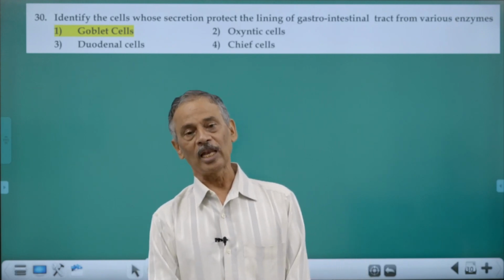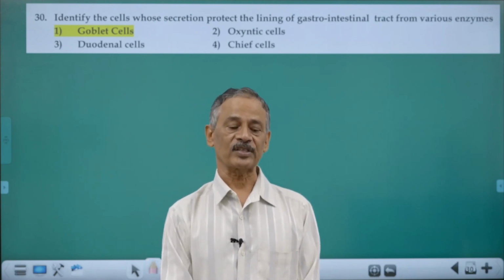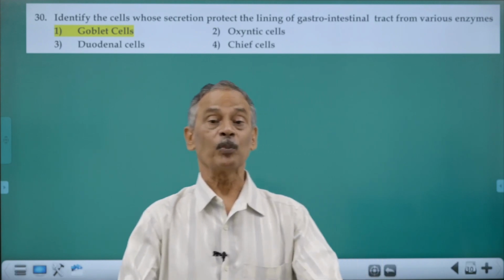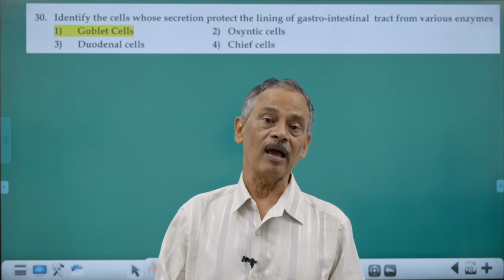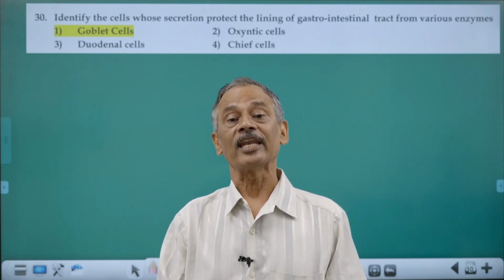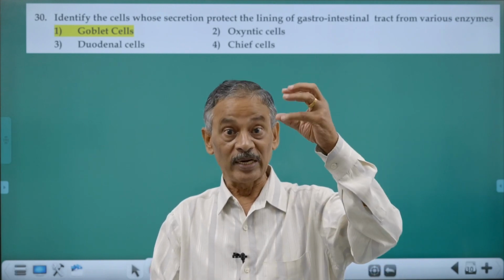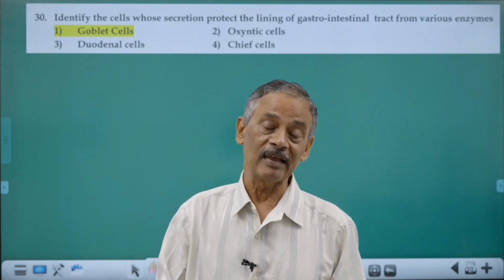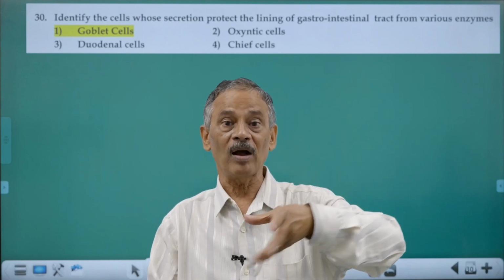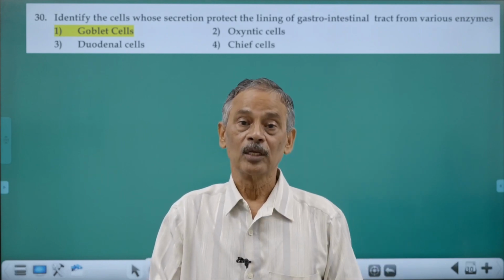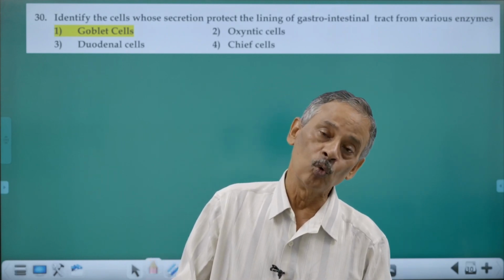Throughout the alimentary canal, respiratory tract, etc., we have goblet cells that produce mucus. In the alimentary canal, the mucus has a number of important functions. One, it provides a slimy inner coating so that food can pass smoothly through the intestine without injury.